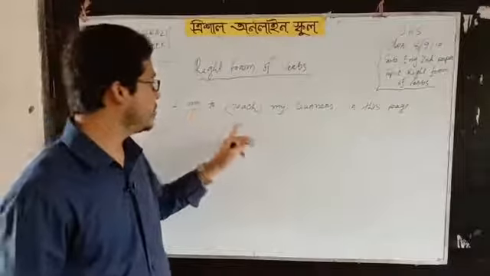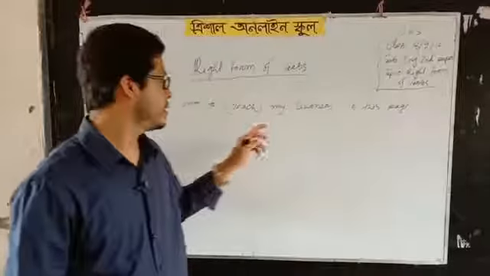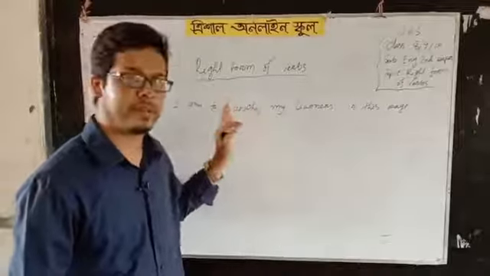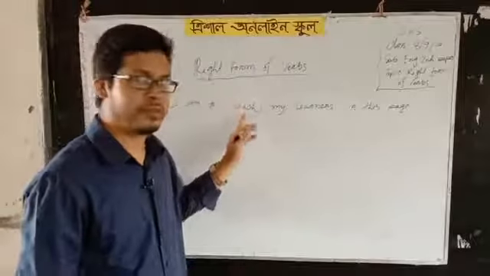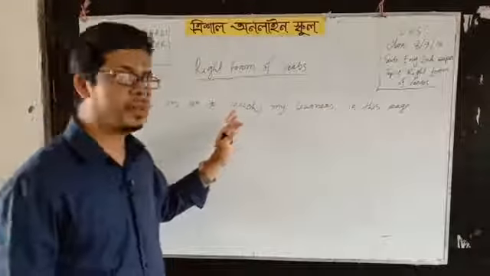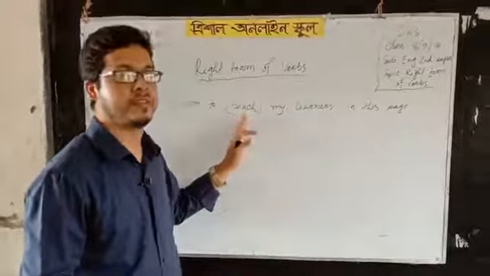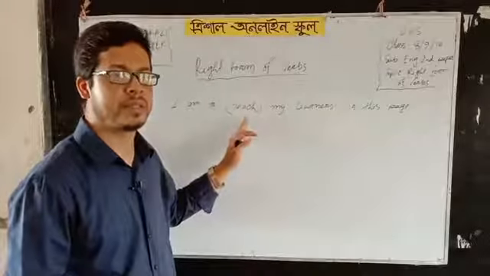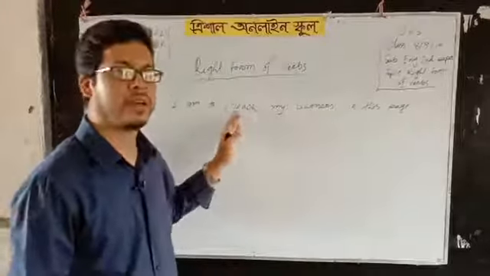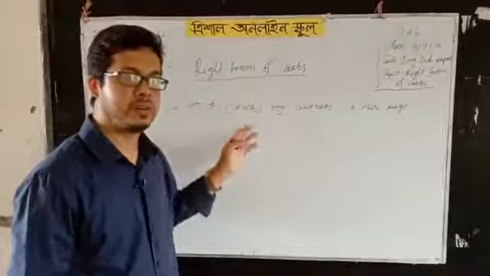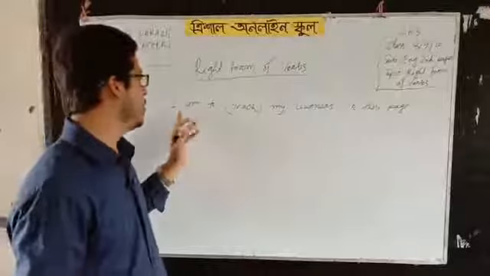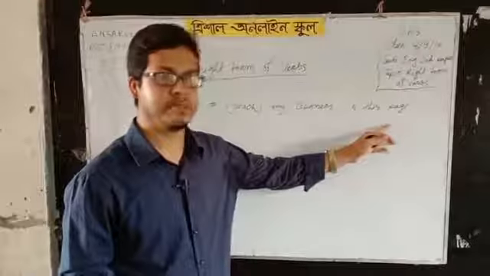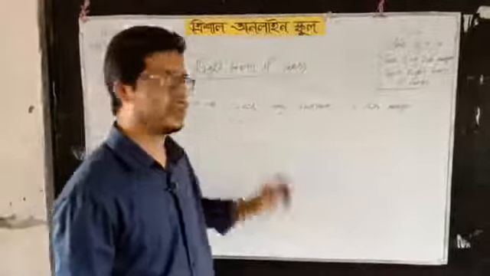I am to teach my learners in this page. So here the gap is teach. Here teach is required, and you have to use the base form of the verb teach, and the word itself is the base form, so you should not change it like teaching or taught or other forms of verbs. So I am to teach my learners in this page. So you have to write teach, nothing else.